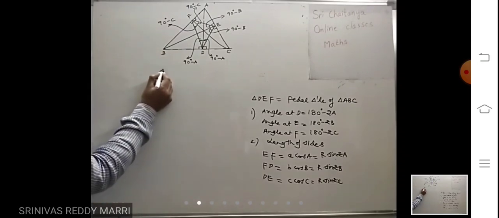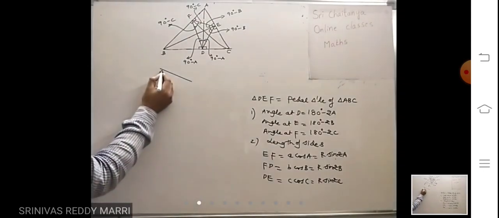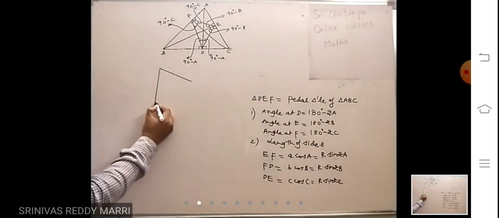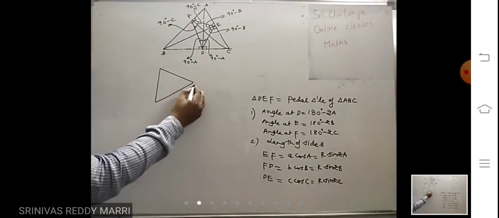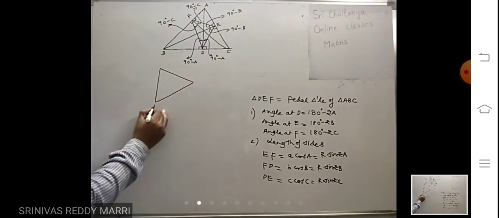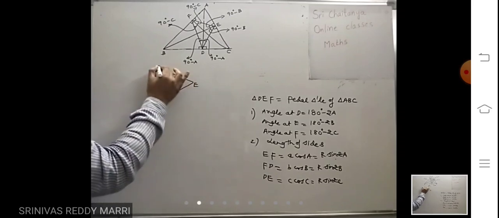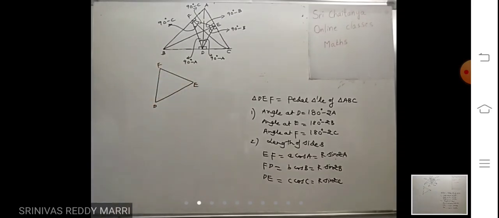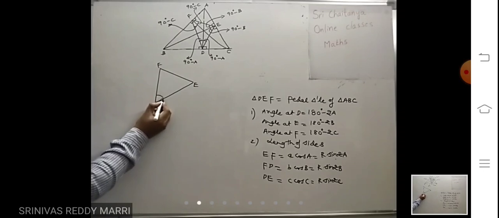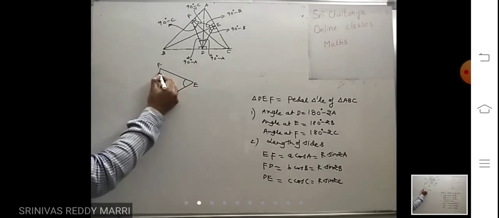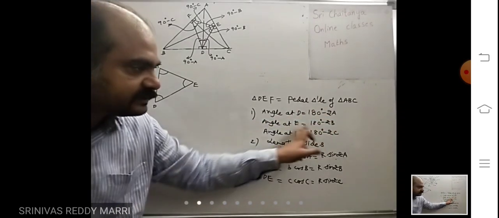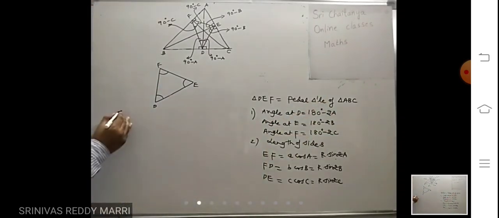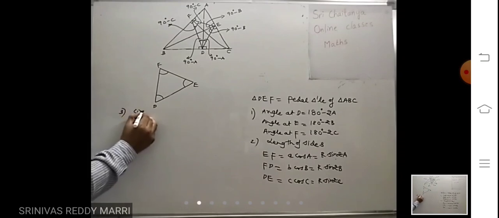I am drawing triangle DEF here. These are the angles I am talking about. Right? So the next, third point is circumradius.